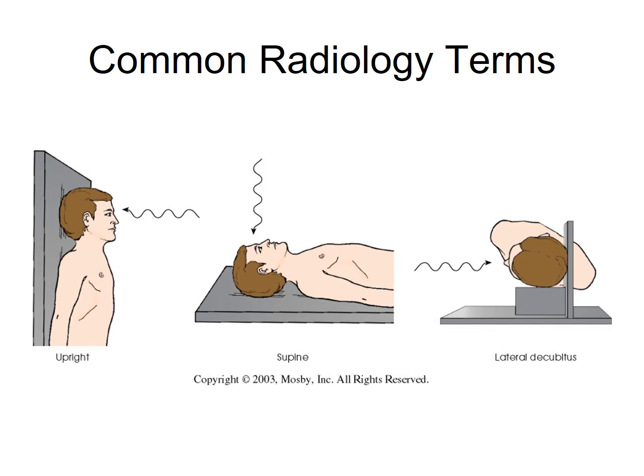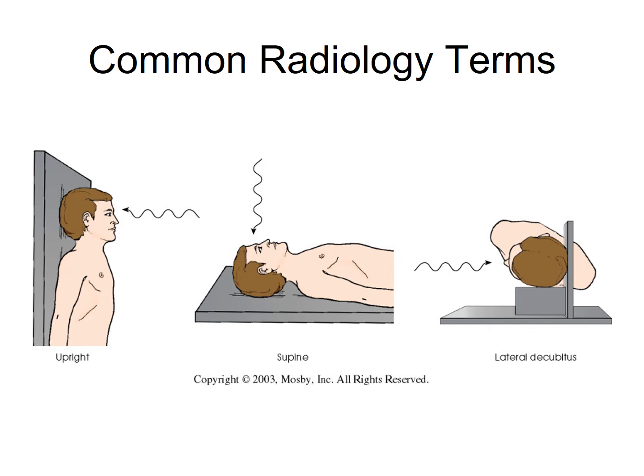Common radiology terms. Okay. Here on the left-hand side of your screen, we see the patient standing upright. So some x-rays we do, the patient is upright. Some x-rays we do with the patient lying down. If they are face up, we call this supine. It's not pictured here, but if they are lying face down, that's called prone.